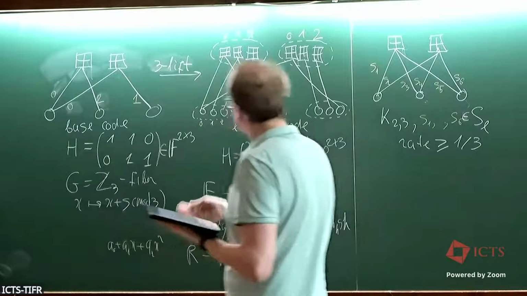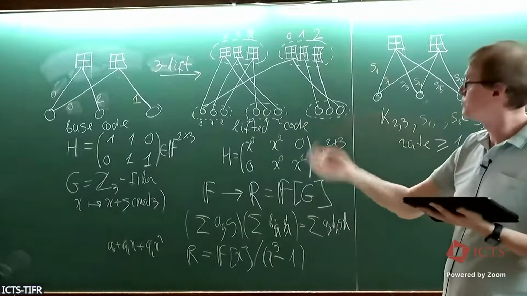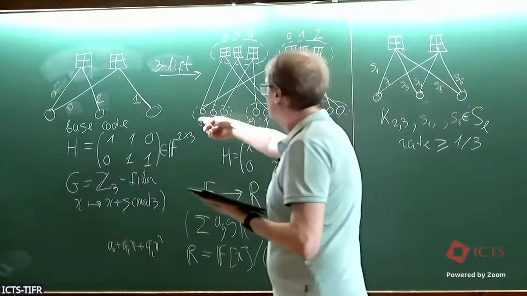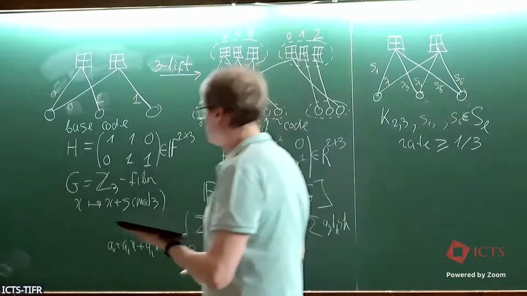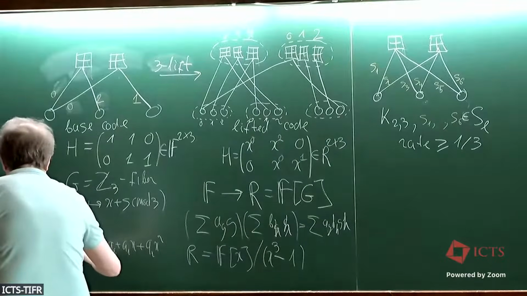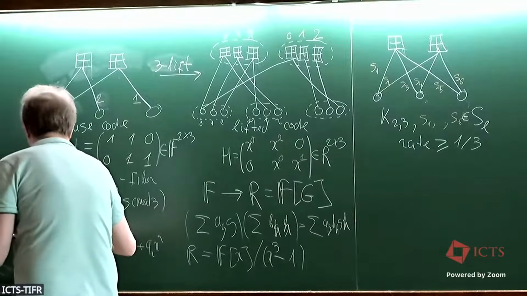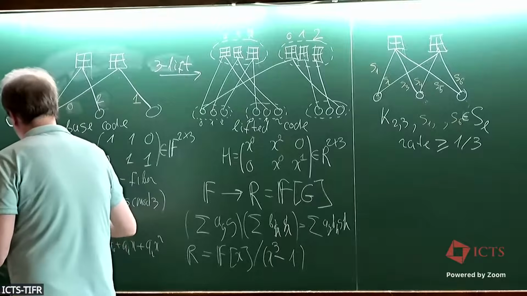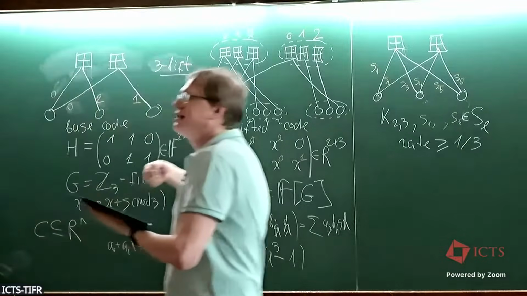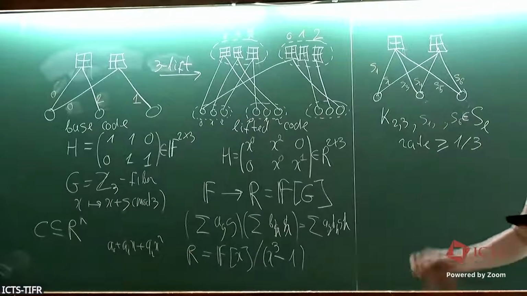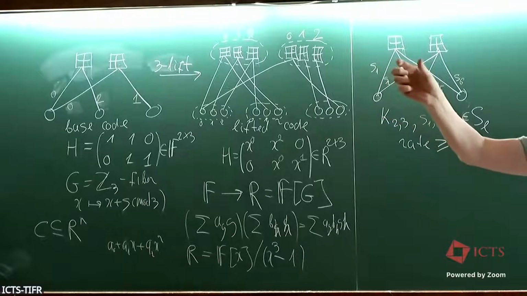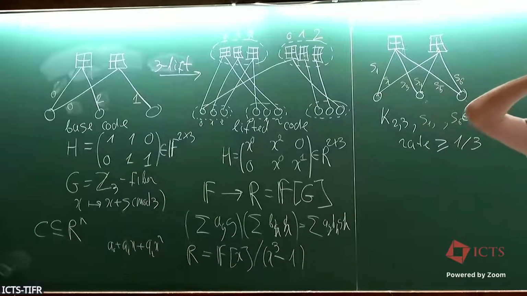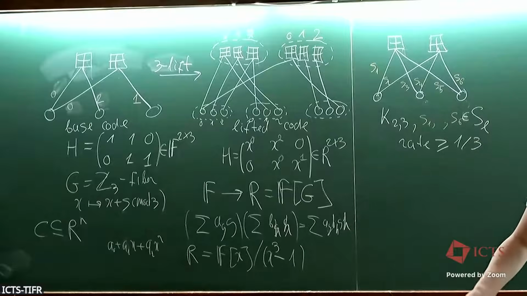And this allows us to describe the code words, this code, as a subset of the ring, so we can consider it like a non-binary code. Our alphabet would be not field elements, but the elements of the ring.